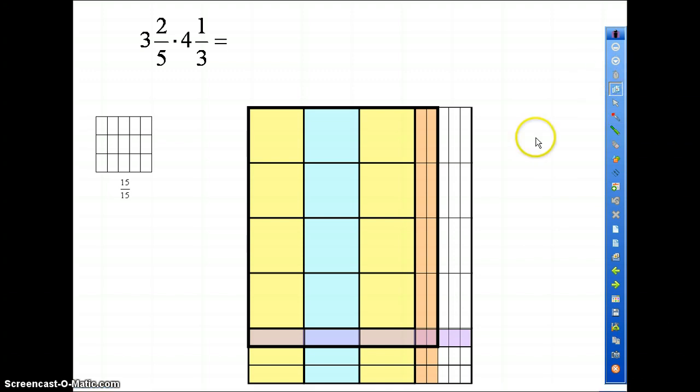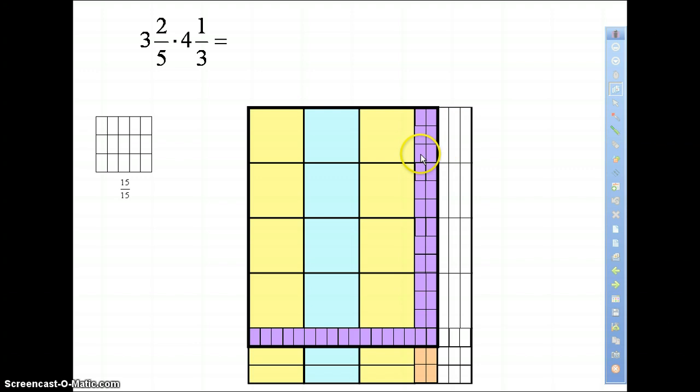So what we could do is take all of these pieces and break them up to the same size, break them up into 15ths. We could do the same thing down here and break those up into 15ths, and then count how many 15ths we've got down the side here.